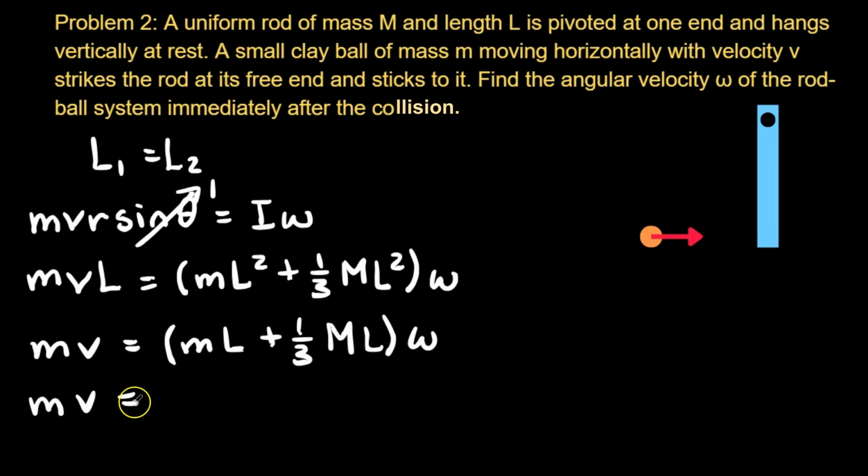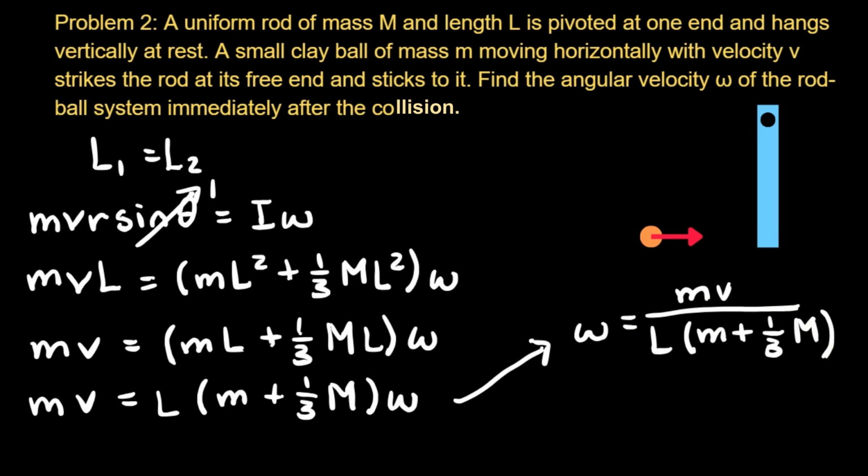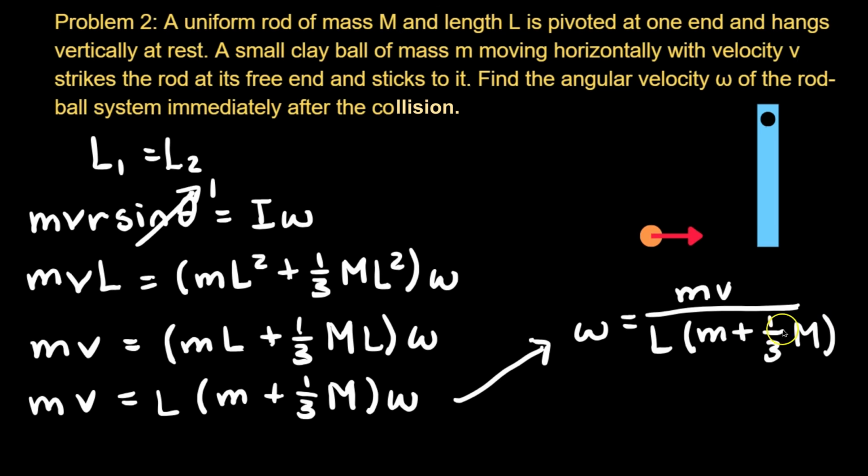Factoring out big L on the right-hand side, we get mv is equal to big L times little m plus 1 over 3 times big M, times omega. Dividing big L times little m plus 1 over 3 times big M on both sides, we get that omega is equal to mv divided by big L times little m plus 1 over 3 times big M.